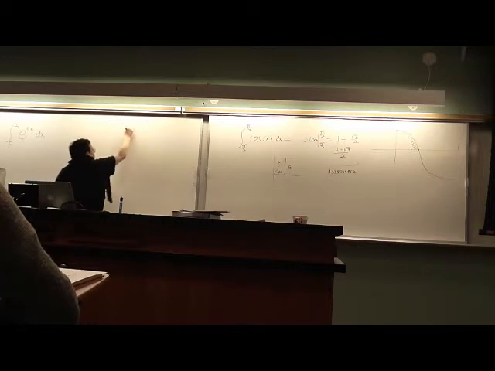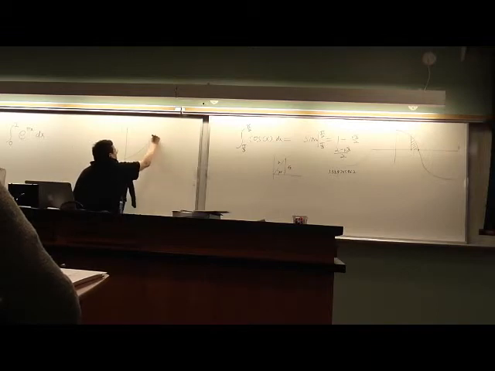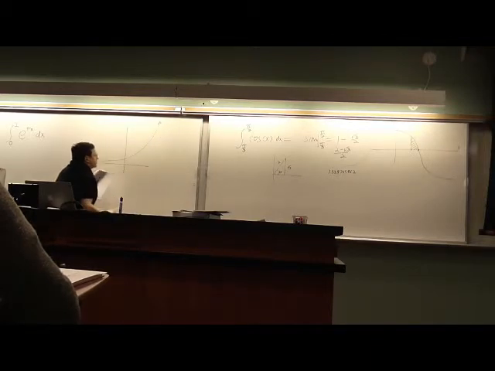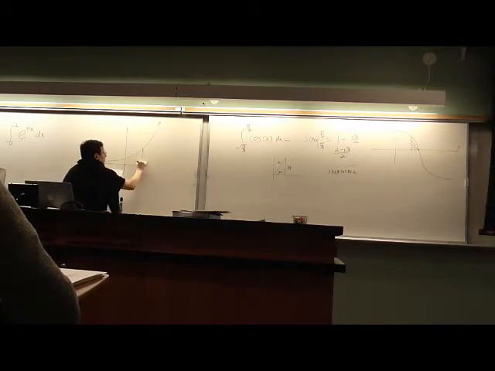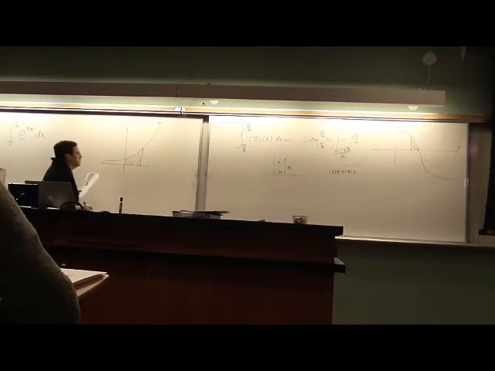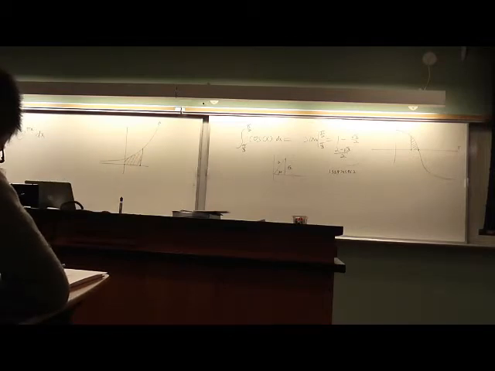So let's see, what does that look like? Exponential, right? And it looks like this. And I want to find the integral from here, 0 to 2, again, from the scale. Okay.